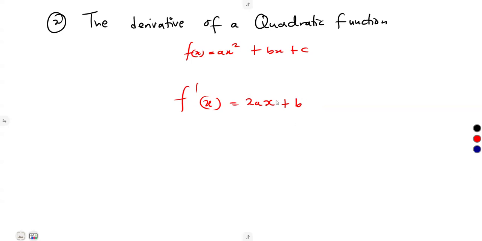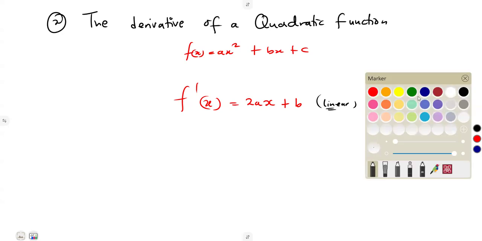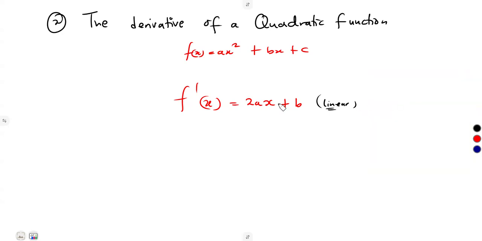The highest power on x, the exponent on x, is 1. That's a linear. In our case, we are obtaining a linear from the derivative.